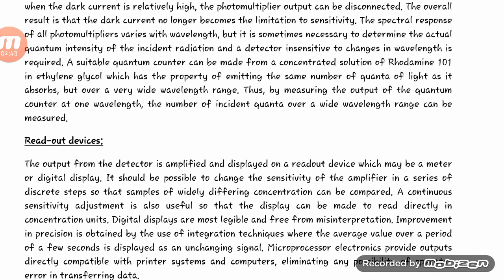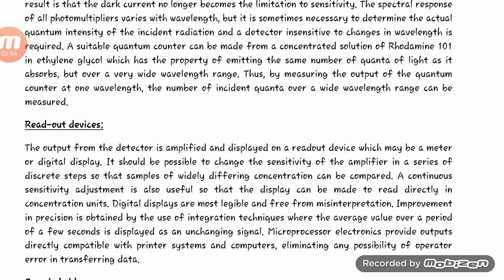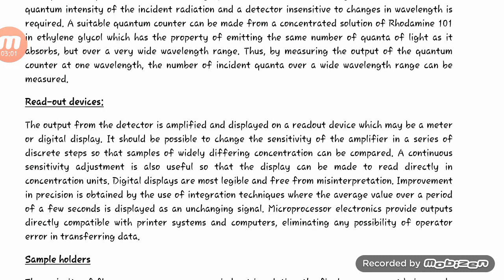A suitable quantum counter can be made from a concentrated solution of rhodamine 101 in ethylene glycol, which has the property of emitting the same number of quanta of light as it absorbs, but over a very wide wavelength range. Thus, by measuring the output of the quantum counter at one wavelength, the number of incident quanta over a wide wavelength range can be measured.